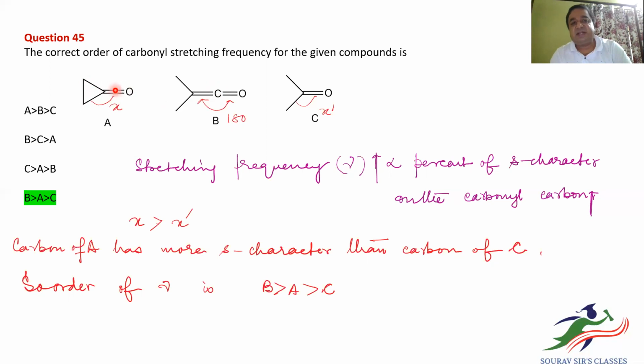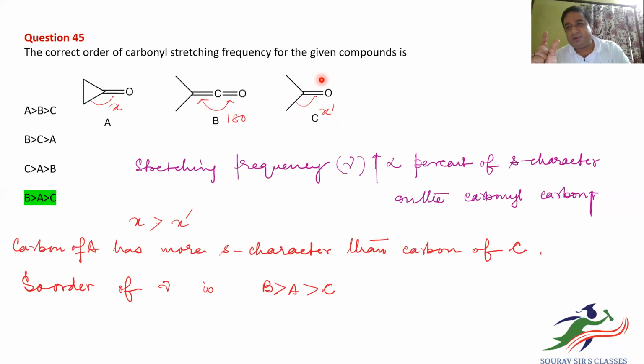If it has more s character, that means the bonds are shorter or nearer to the nucleus. So this particular bond will have a higher stretching frequency than this particular C double bond O group. So as the s character increases, the CO double bond stretching frequency will be raised, because s character means shortening of the CO bond.